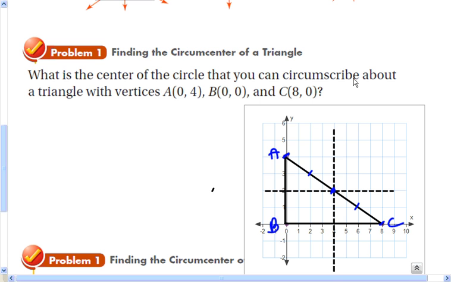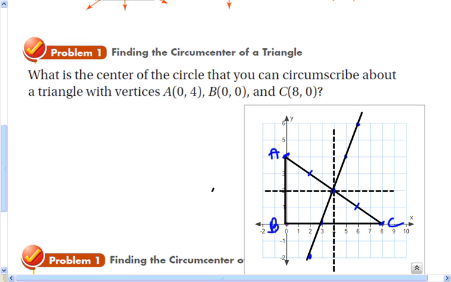The slope of this line is -4/8 or -1/2. So the slope of the line perpendicular to that would be the opposite reciprocal, which is 2/1. So if I go up 2/1, put that line in there, that would be the perpendicular bisector. And that looks like that.